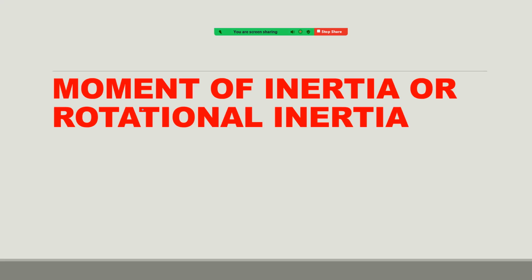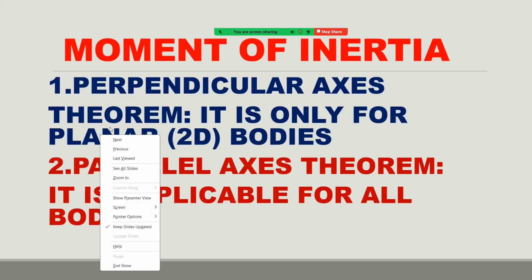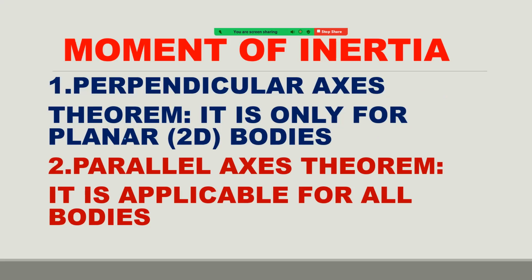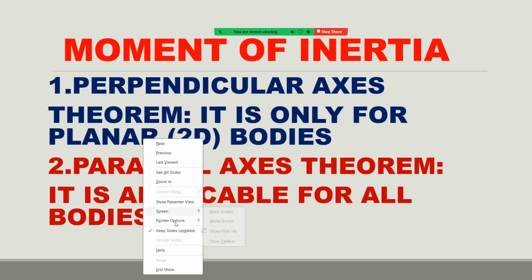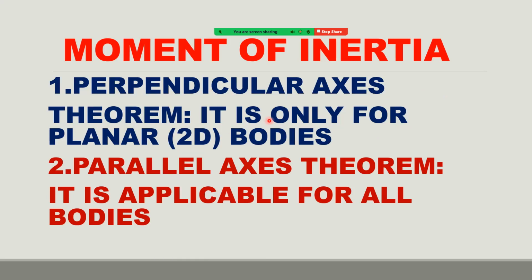Let us now focus on the perpendicular axis theorem. See what it is and how to get it. After that, I'm going to discuss the parallel axis theorem. The perpendicular axis theorem is only for planar bodies, or two-dimensional bodies.